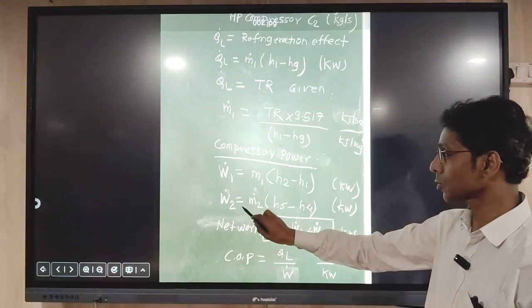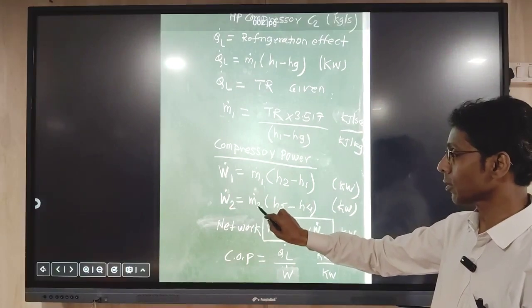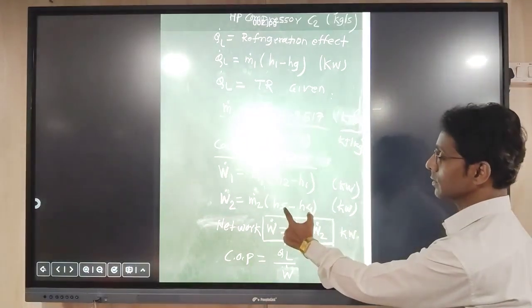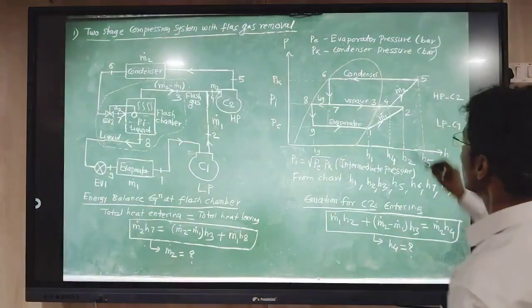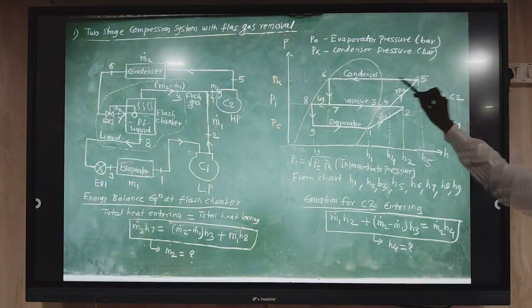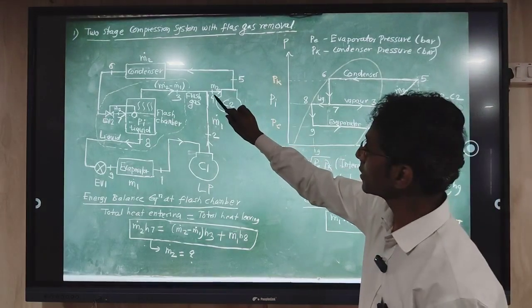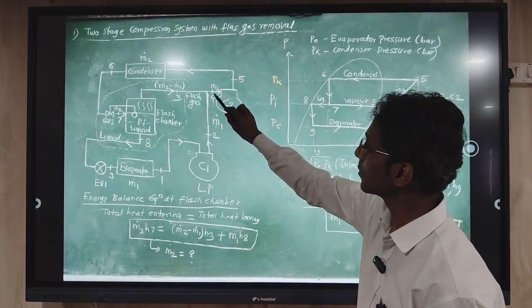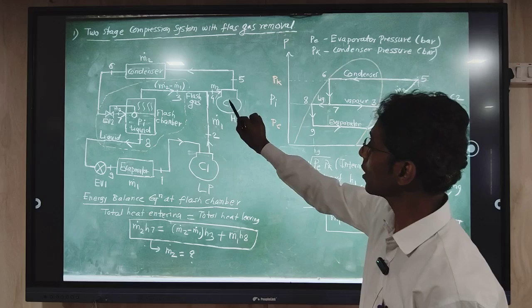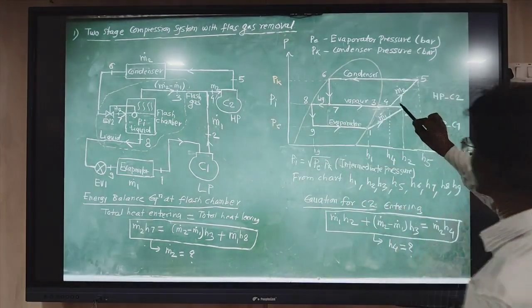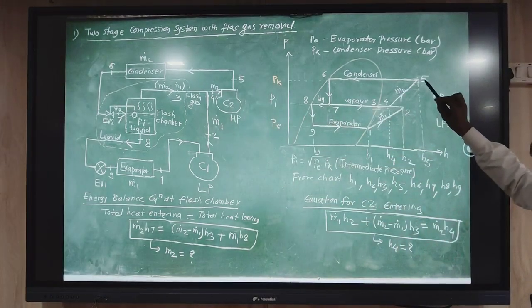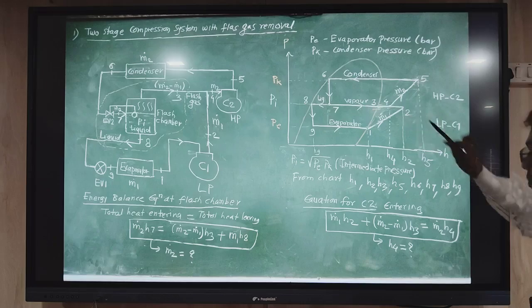Similarly for compressor 2, the mass flow rate will be m2 dot and the respective enthalpy difference H5 minus H4. In the diagram, this is the 4-5 process. In the schematic diagram, point 4 is the entry to the high pressure compressor 2, and the discharge point is 5. So the enthalpy difference will be H5 minus H4.